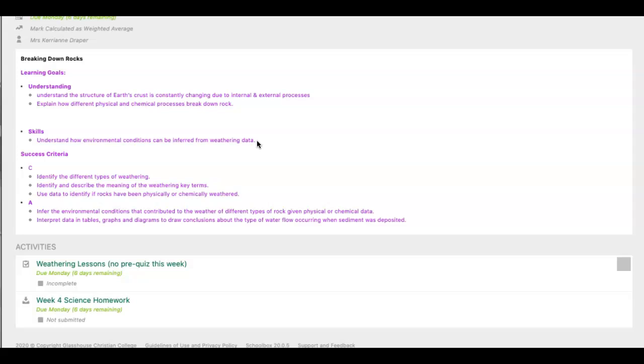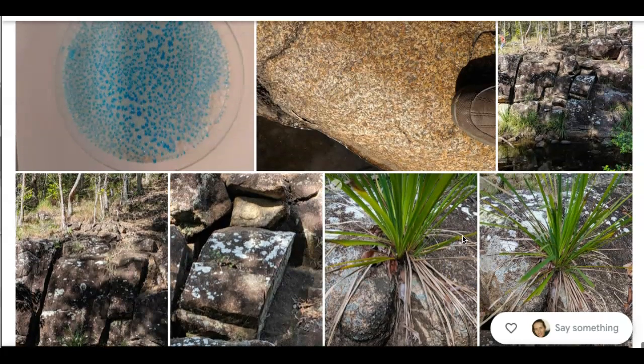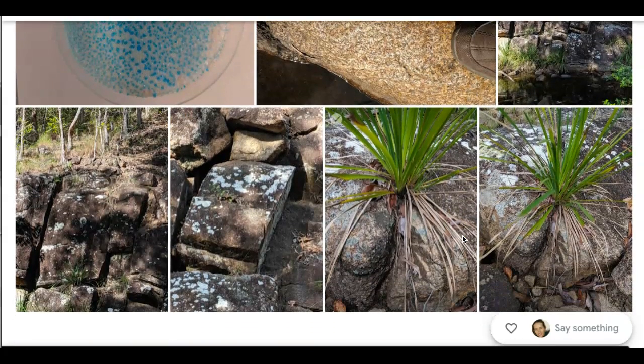So if I show you a rock that's got a tree growing through it, what type of weathering does that mean? Here's some pictures. I've got copious pictures from all of our previous excursions of different types of weathering of rocks on the Glasshouse Mountains. If I showed you pictures like this one or this one here, can you tell me whether it's physical or chemical weathering that is going on here to break this rock down?